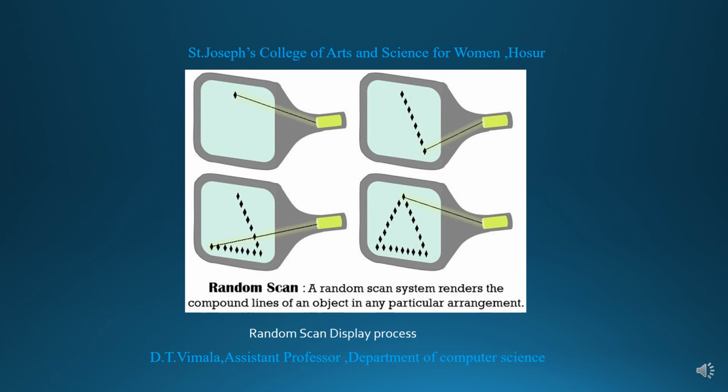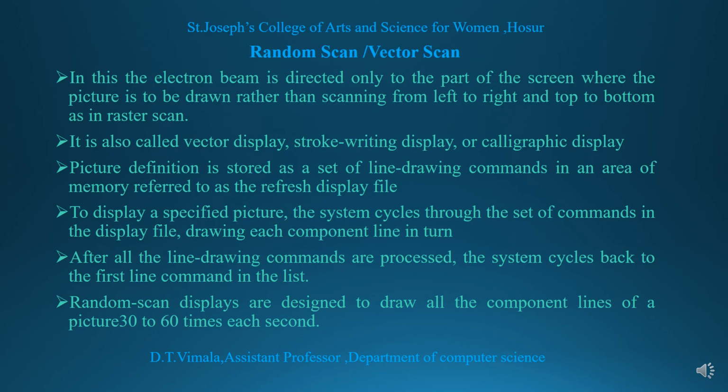Next one is the random scan display process. How does this work? We can call the random scan a vector scan. Random scan or vector scan. In this, the electron beam is directed only to the part of the screen where the picture is to be drawn, rather than scanning from left to right and top to bottom as in the raster scan.